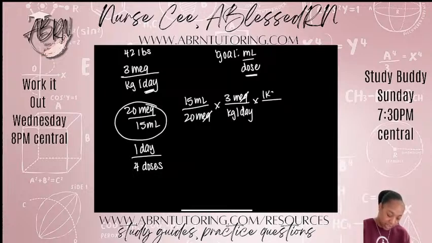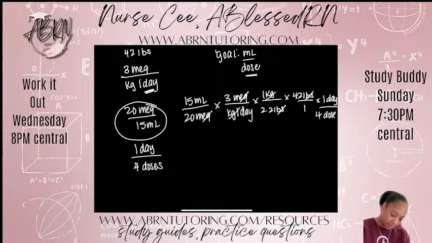So 1 kg is 2.2 pounds times our 42 pounds. Crossing out, crossing out. Last thing is day. So in one day, there are 4 doses. And everything has crossed out except for your goal.